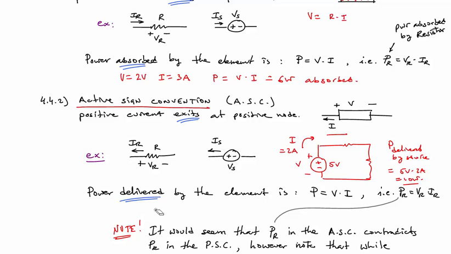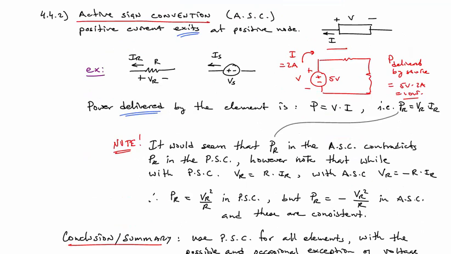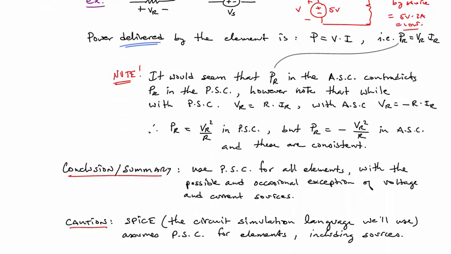You do not want to use active sign convention by default. You want to use passive sign convention, the exception being that sometimes we'll use active sign convention for a voltage or current source. In conclusion, you want to use passive sign convention for all elements, with the possible and occasional exception of voltage and current sources. But there's a caution.